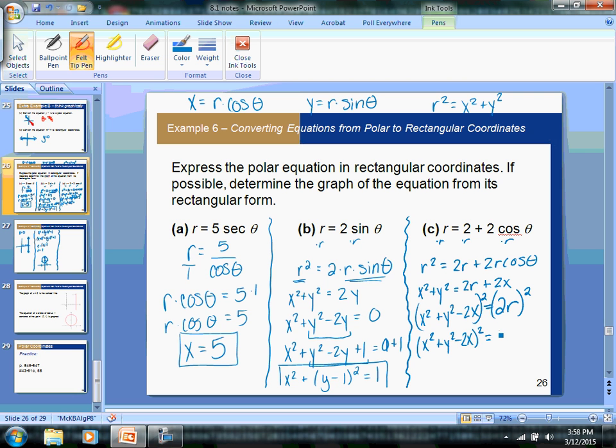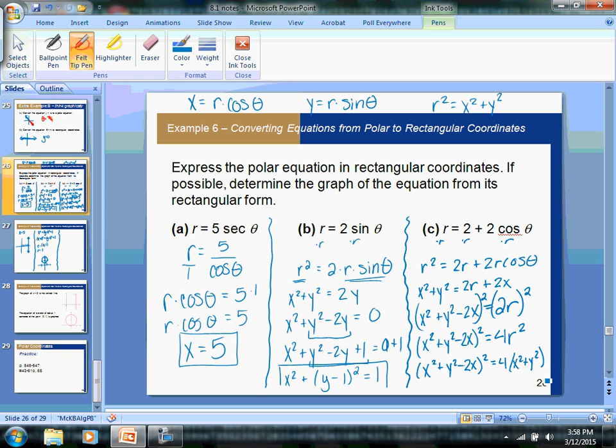And now I'll have 4r squared. And now that r squared I can replace with the x squared plus y squared. So again, I'll leave this x squared plus y squared minus 2x, whole thing squared, and then I'll have 4 times x squared plus y squared.